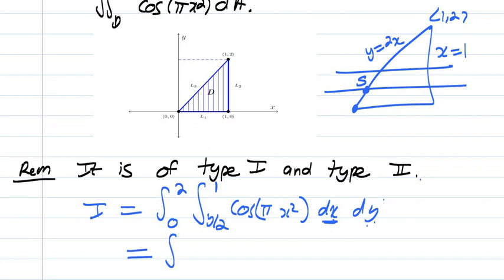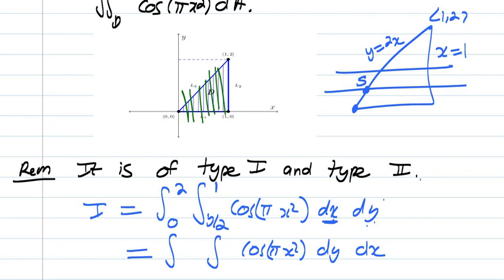If we write it as an iterated integral of the order dy dx, then we are making vertical slices. And we can see the smallest x value is 0 and the biggest x value is 1. So x starts at 0, x ends at 1.